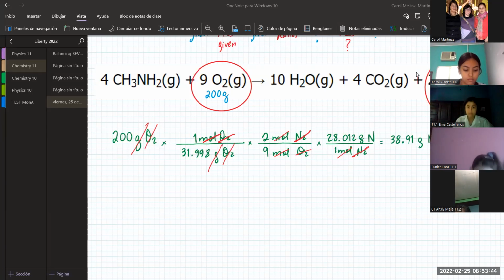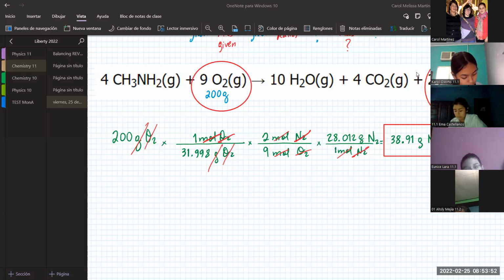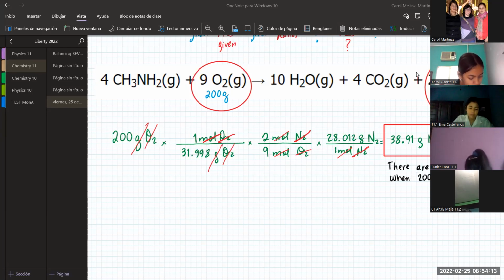Around half a pound of oxygen is going to produce 38.91 grams of nitrogen. This is what is produced. It wasn't water, it was oxygen.